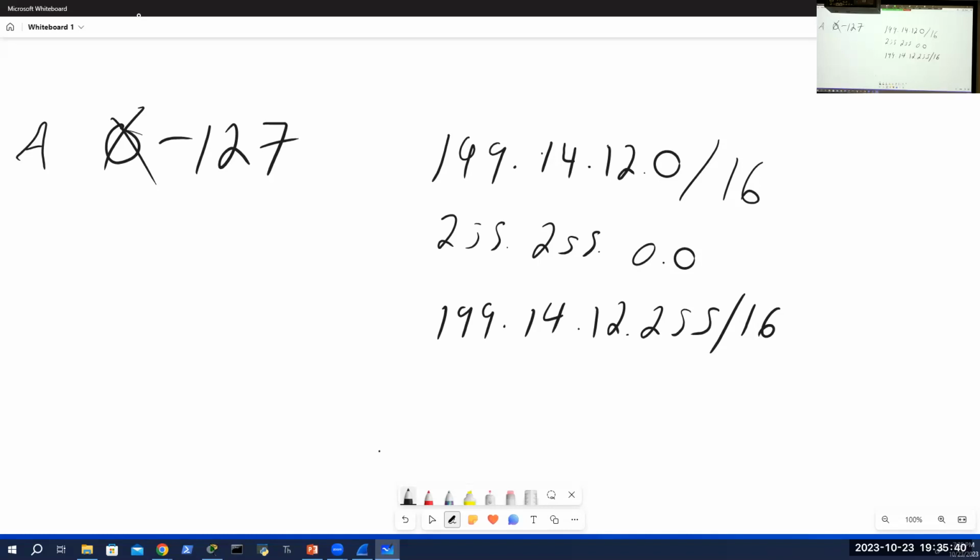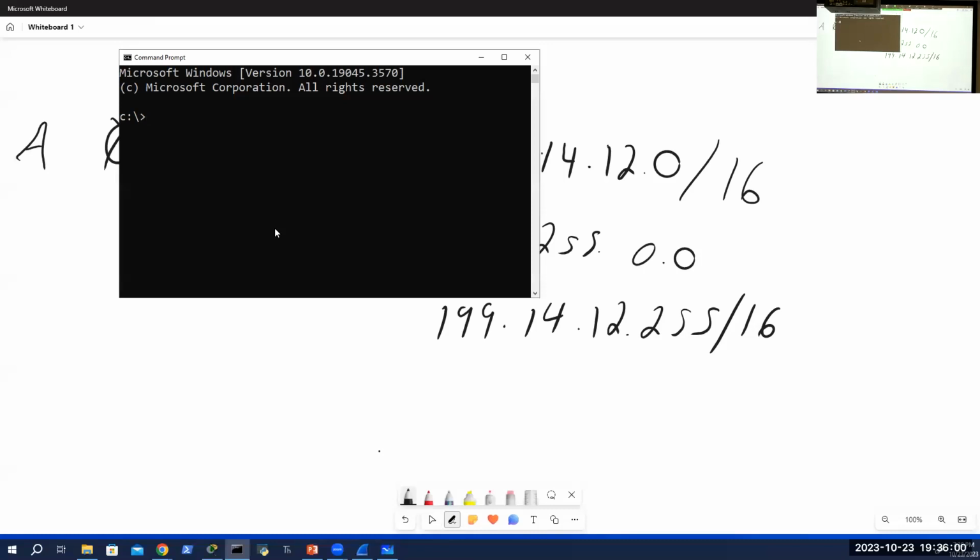In the first octet for a class A, can you use 1 through 127 when you're assigning a device an address? No, you can't use 127. Why? That's the last one. You can't use the first one and the last one.